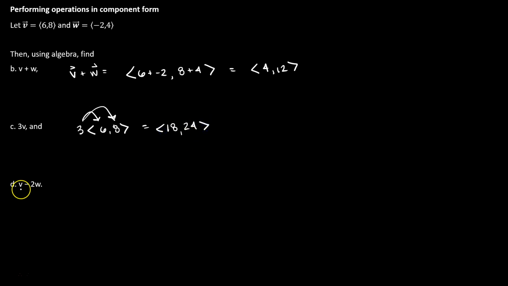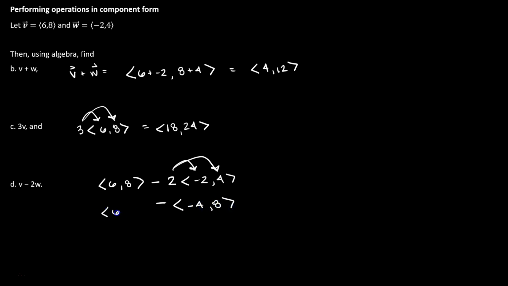One more here, v minus 2w. So I'm going to write this out in component form. Here's my vector v minus 2 times my vector w. We kind of have to do order of operations here. We're going to multiply the scalar into the vector w first, so that we have minus the vector 2w, which would be negative 4, 8, copying down v.